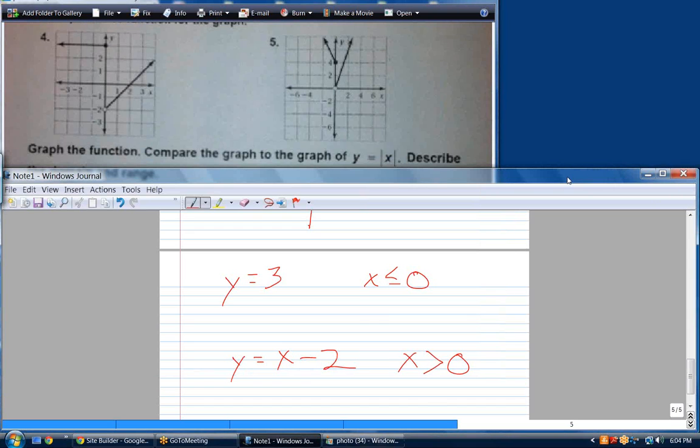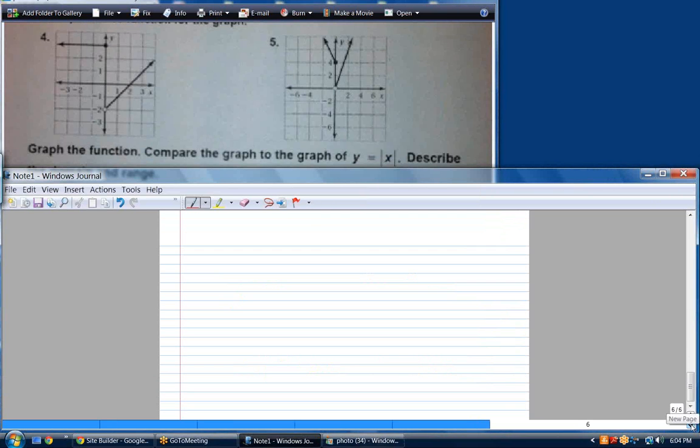Okay, so let's write the function for number 5. What's the first situation that we have to consider? x what? Let's go from left to right, always. So whenever x is what, it's going to be one function.